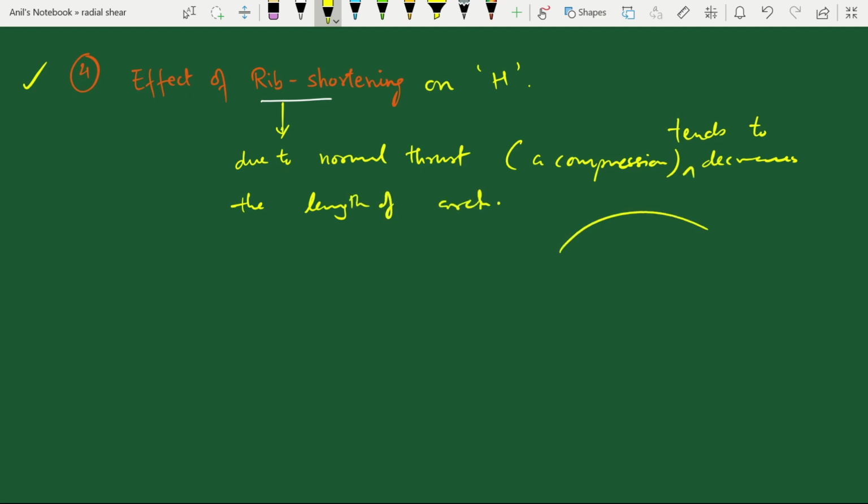So this portion of the arch is called as rib, this entire formation of the arch. So due to compression coming from normal thrust at any point, there is a compressive stress developed, and that is going to affect the horizontal thrust also.